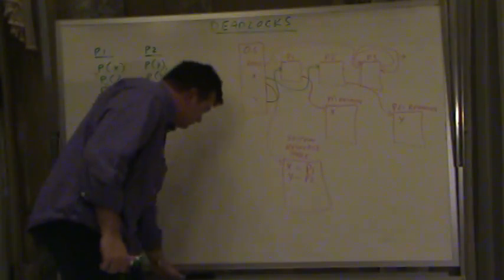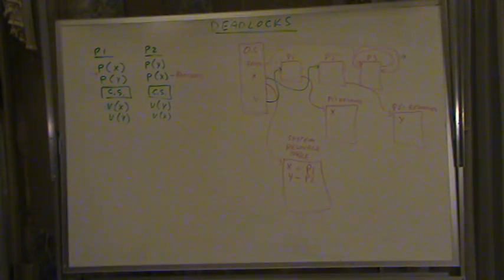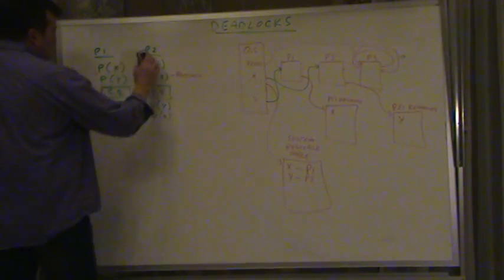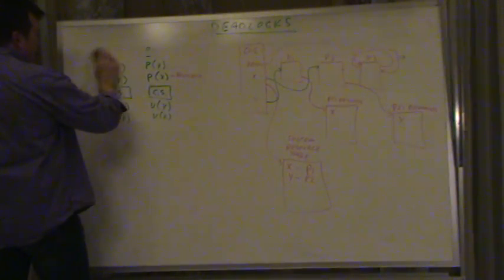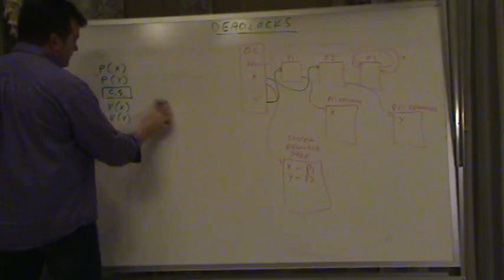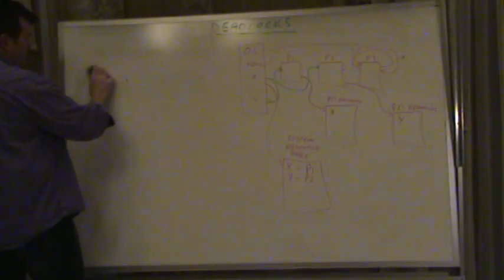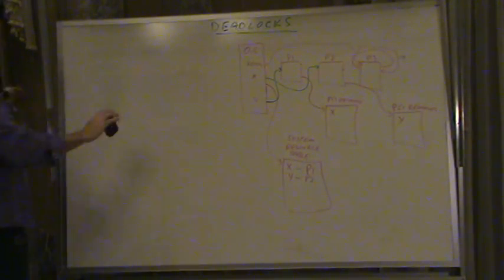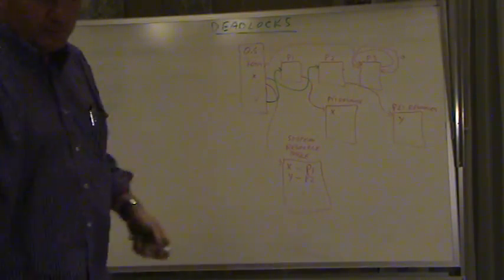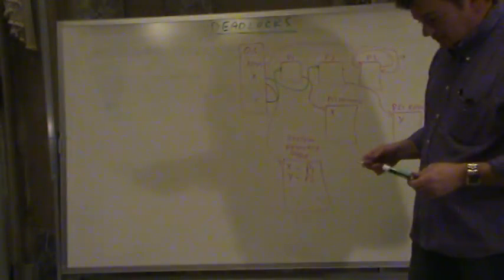Okay, so we want to define what conditions do we need for there to be a deadlock in our system. What would have to happen for there to be a deadlock? What properties would our operating system have to have before there's a possibility of a deadlock? Just because processes are running doesn't mean they definitely will deadlock, but they may deadlock.